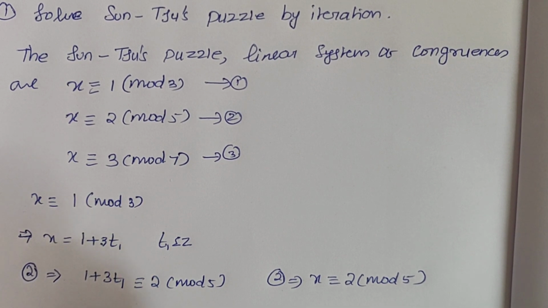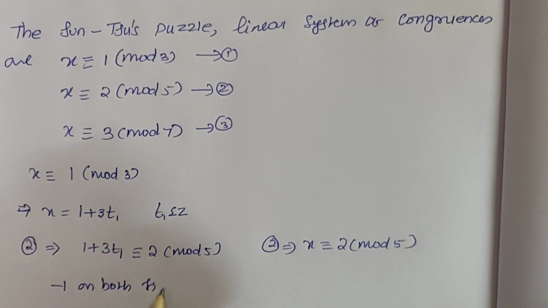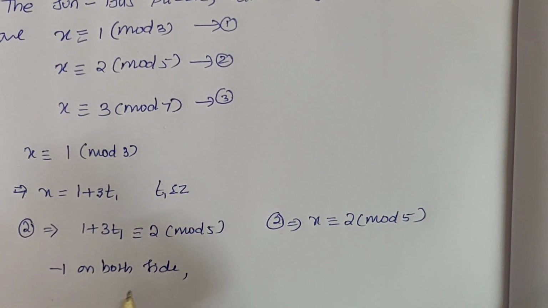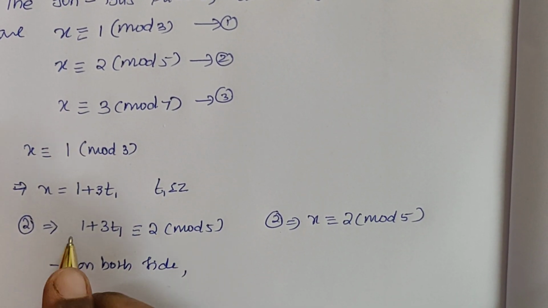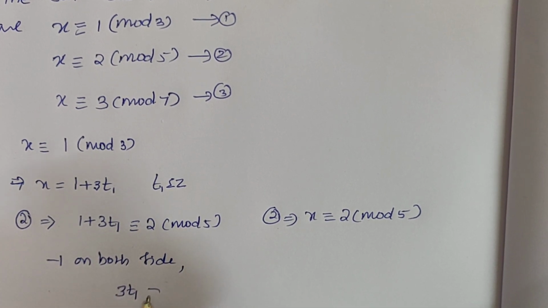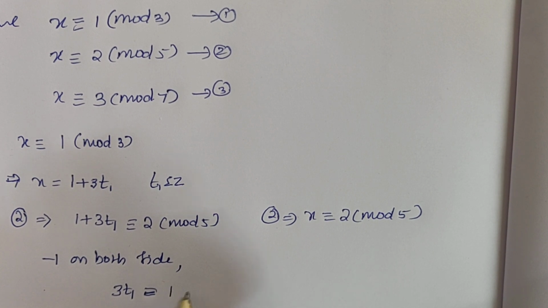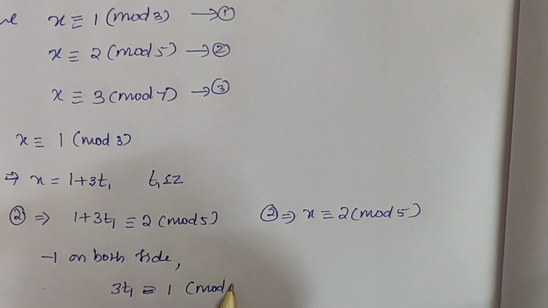Now I add minus 1 on both sides, then minus 1 plus 1 is equal to 0. So 3t1 is congruent to 2 minus 1, that is 1 mod 5.